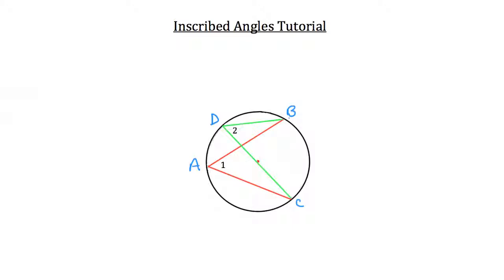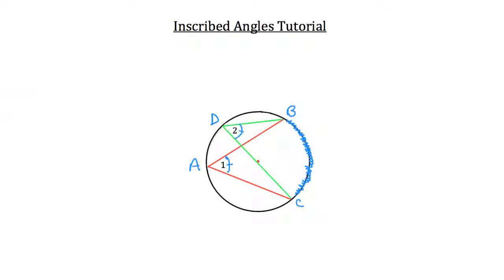Well, you notice that they both have this arc congruent to each other, arc BC. Which means that they both subtend, that arc subtends both angles. Which means that both angles 1 and 2 must be congruent to each other. So you could draw that in here. Angle 2 is congruent to angle 1.